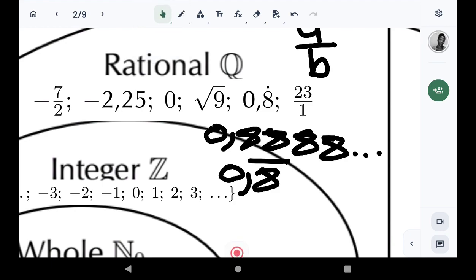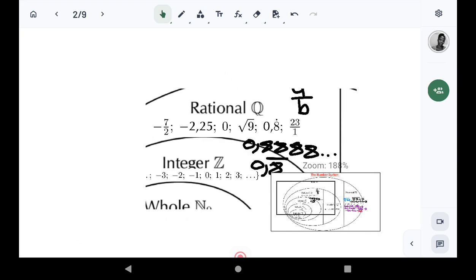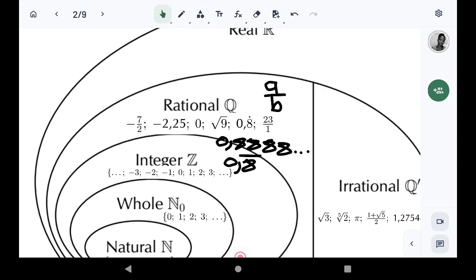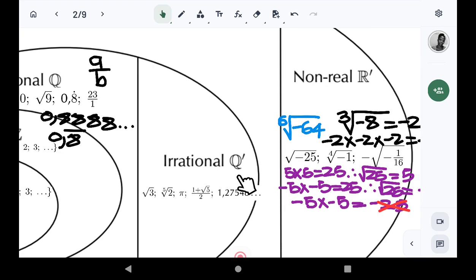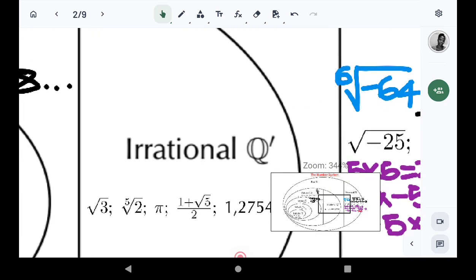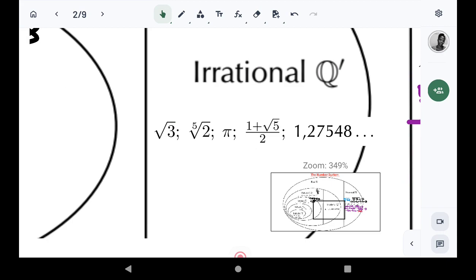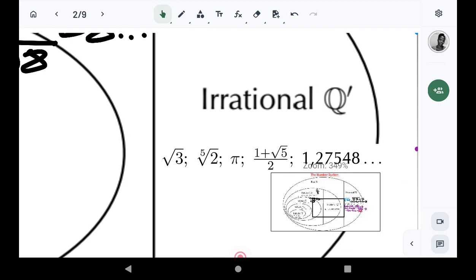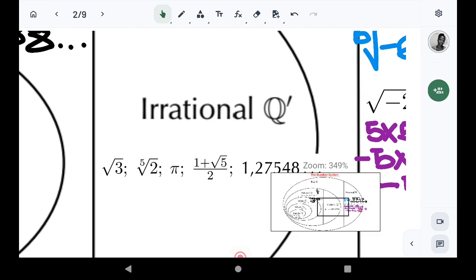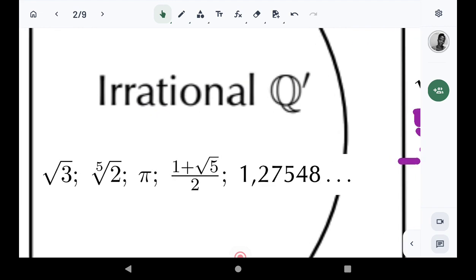The next sister, it's not necessarily a layer. The next sister or brother of rational numbers is what we call irrational numbers. Now, irrational numbers include your decimal fractions that do not end, number one, and do not have a repeated pattern. For example, 1.27548.